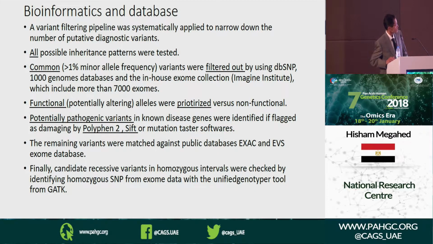Of course, we chose the functional variants, removed all the common variants, and looked in more depth at variants which were pathogenic by SIFT and PolyPhen-2. And at the end of each test for each family, we usually confirm the diagnosis by doing Sanger sequencing for the suspected gene.